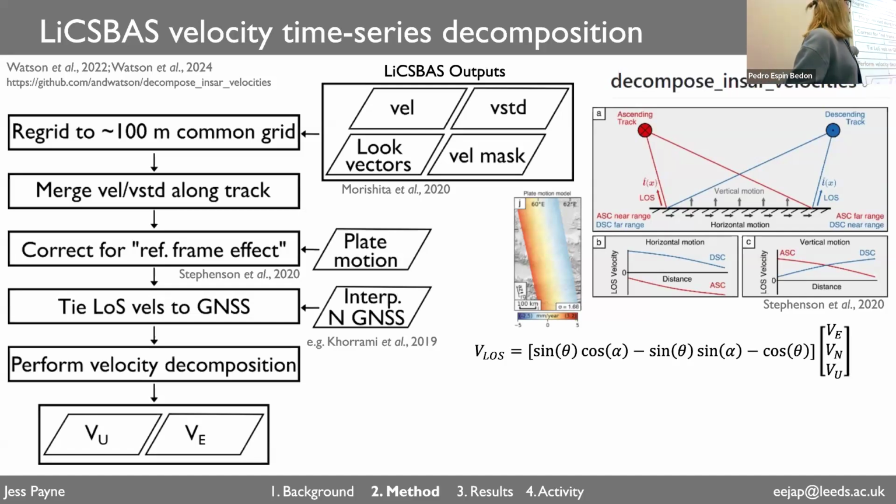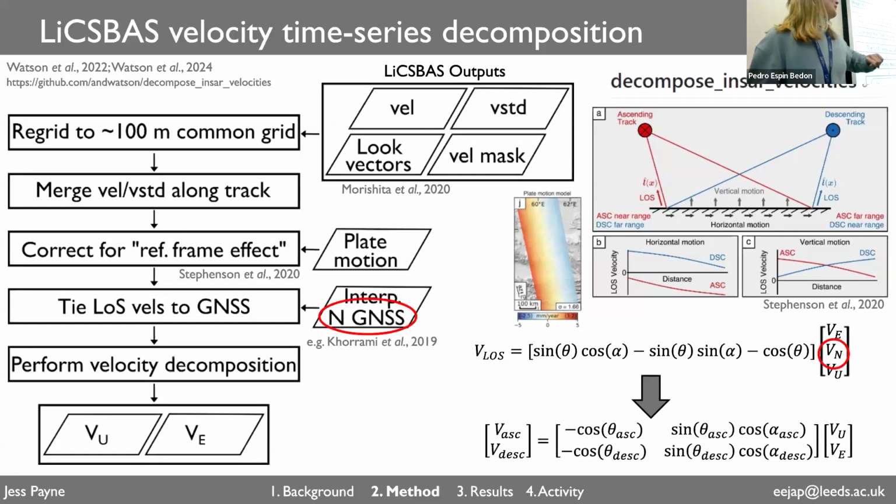You can then tie your line of sight merged velocities to GNSS fields to put them in the right place in space, but also to make the problem not underdetermined, but solvable.